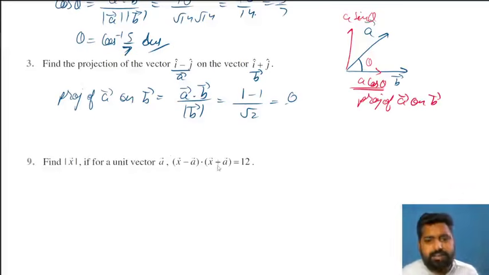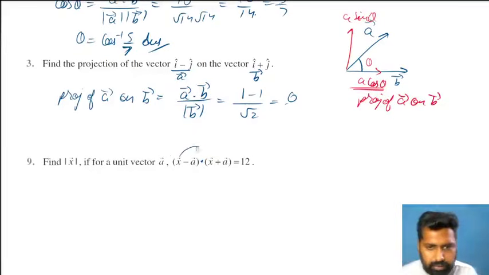So x minus a, x plus a, you have to do the dot product. Now I'll tell you how to open the dot product first. I'll give you one shortcut also, that is also applicable, but I'll show you how it is working. In order to do the multiplication, we'll use the distributive property.